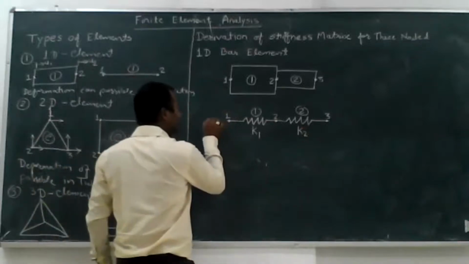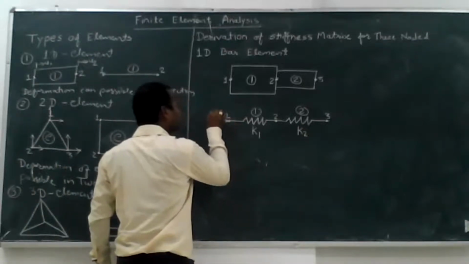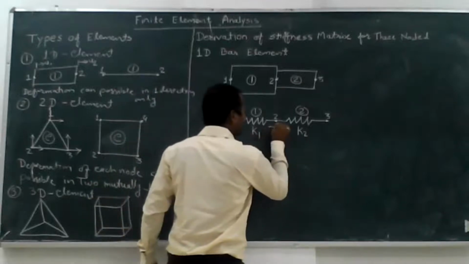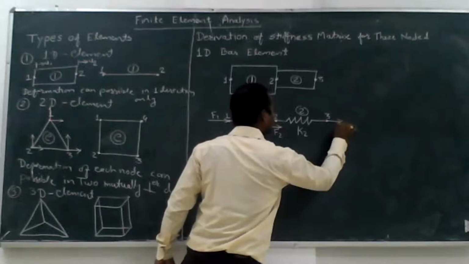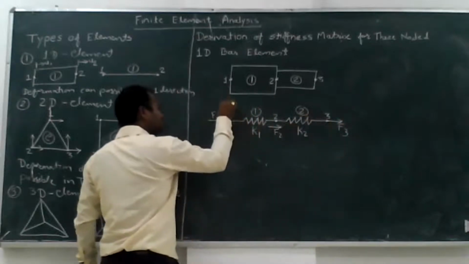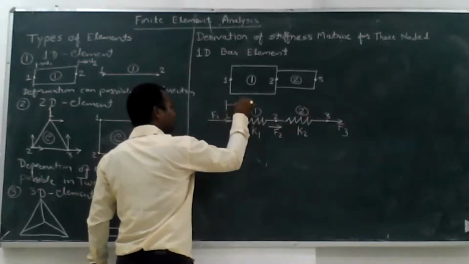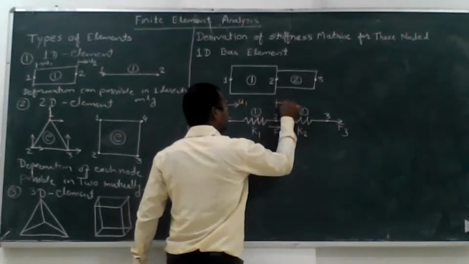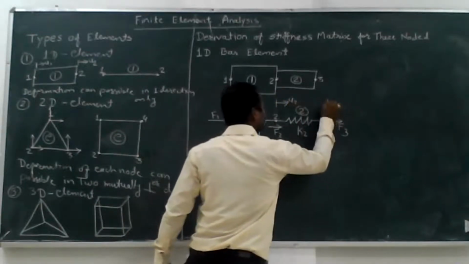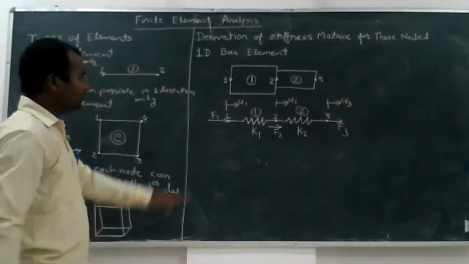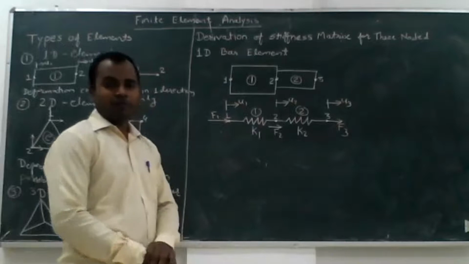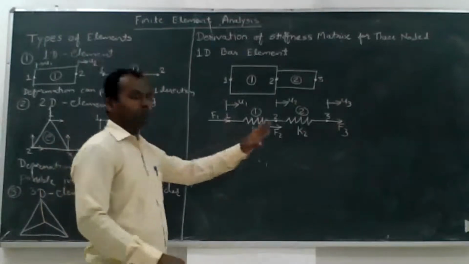The force applied at node 1 will be F1, at node 2 it will be F2, and at node 3 it will be F3. The displacements of nodes 1, 2 and 3 are U1, U2 and U3. Now we have to find the equations for all the forces, that is F1, F2, and F3.